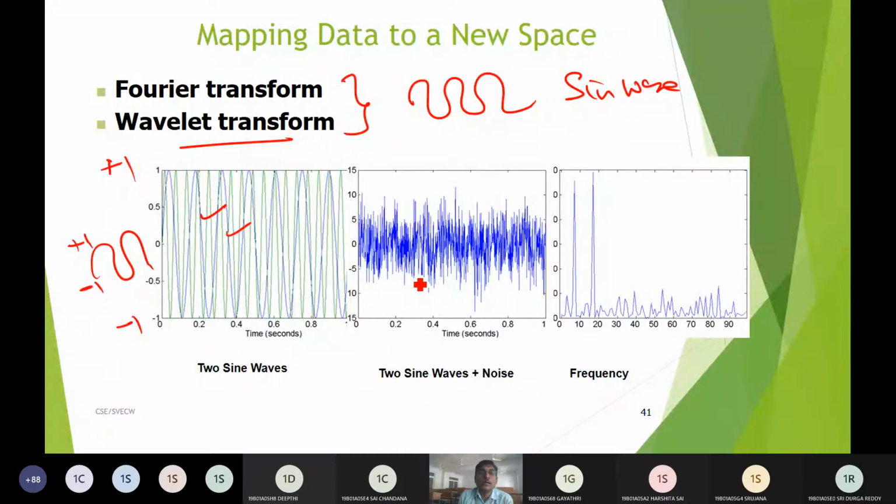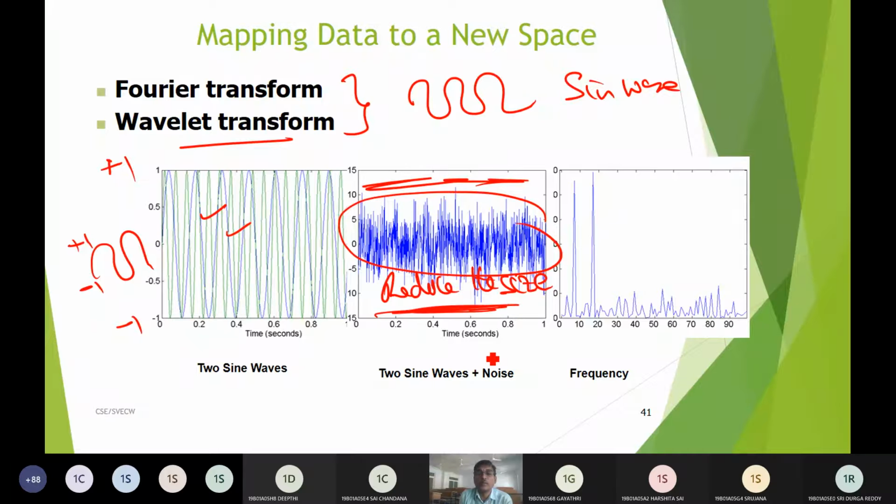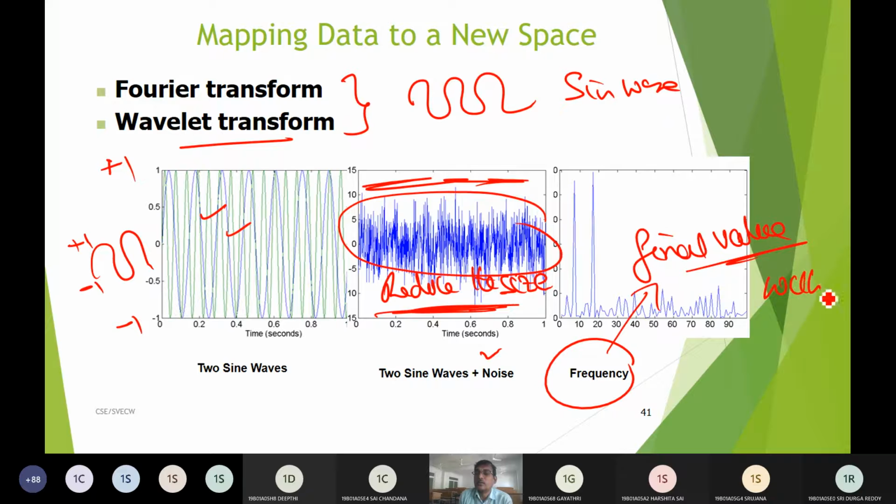First of all we use a wavelet transformation, and then we reduce the size. When we reduce the size, the noise is going to be eliminated, and thereby the final values are available. So this is without noise and with dimensions reduced.